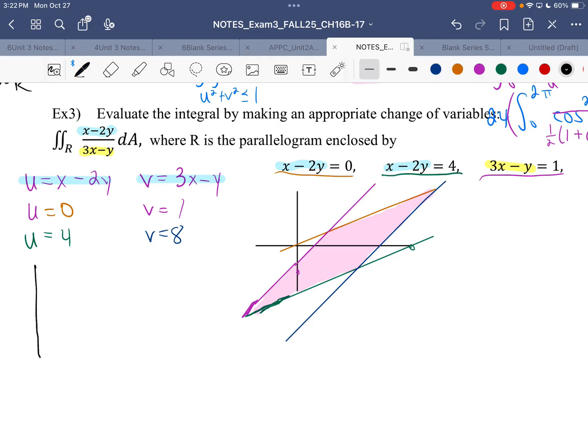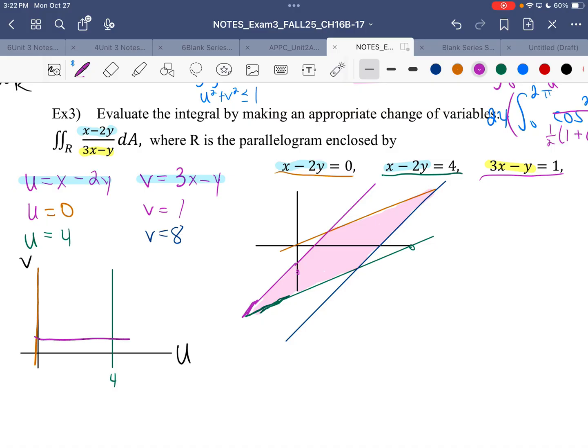So our new region, let's graph these. We're going to treat u like it's the x variable and v like it's y. So at u equals 4, we have a vertical line at 4. And 0.